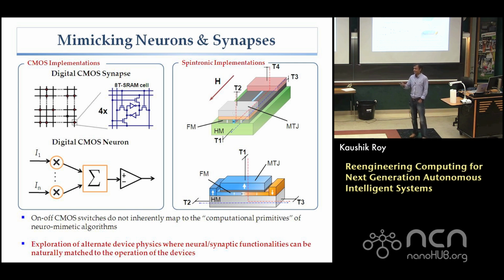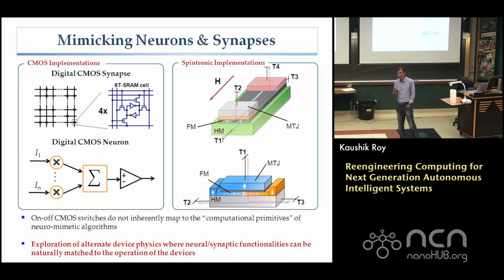Some of you, right? In a very simple-minded way, they're switches. So it turns out that using those switches, you can actually make neurons and synapses. By connecting some of these transistors together, you can get memory functionality, which is shown here, and you can actually get the neuron functionality also.